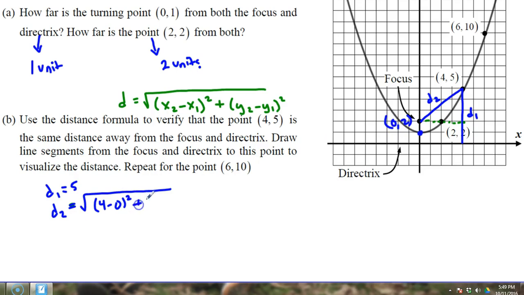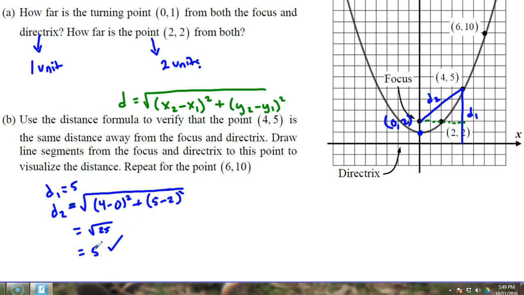And plus y2 minus y1. So 5 minus 2. I just have to do out the math there, just evaluate that. So I've got 16, 9, add those together is 25. So the square root of 25 is 5, which checks.